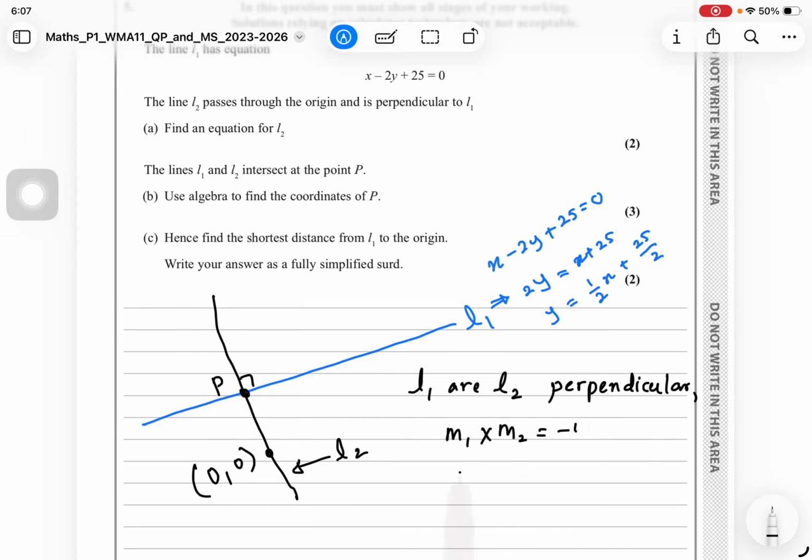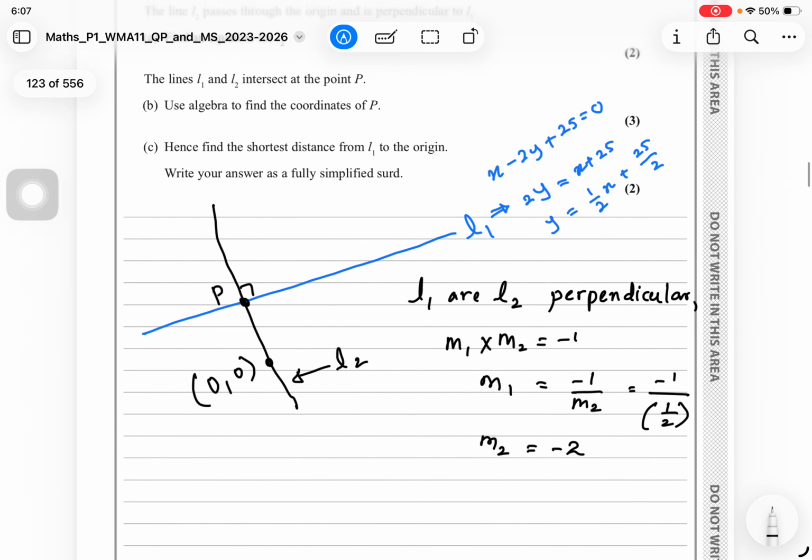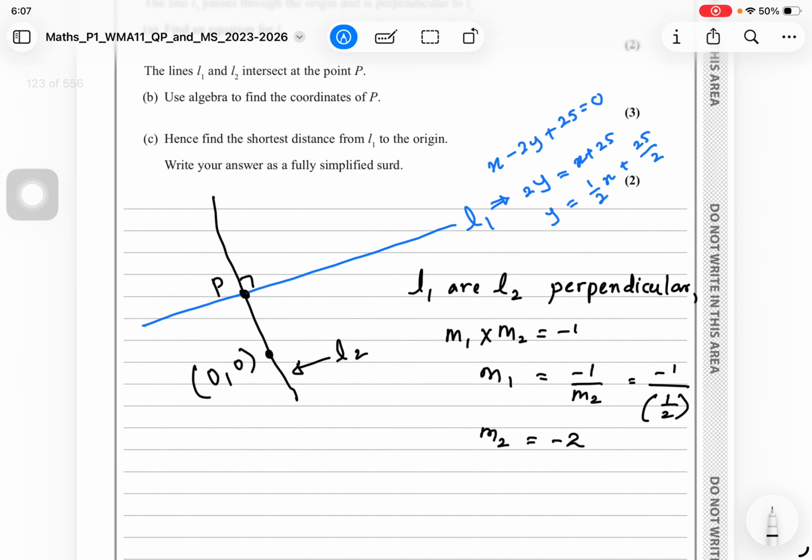So M2 will be -1 divided by M1, which is -1 divided by positive half, which will be -2. So we have the gradient as -2 and we have a single point as well, 0, 0, passing through L2.